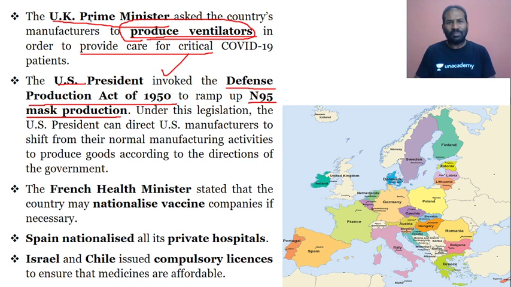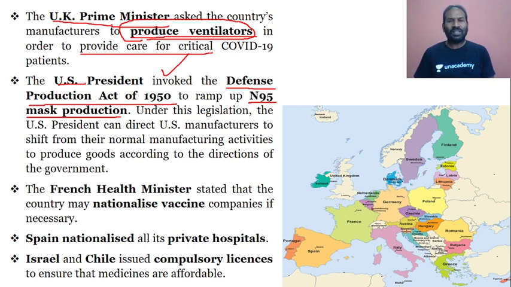Now UK Prime Minister has asked the country to produce ventilators because the production bases are not in the developed countries. Because of economic liberalization, they have been shifted to developing countries in Asia, that is India and China, focusing on Asia.